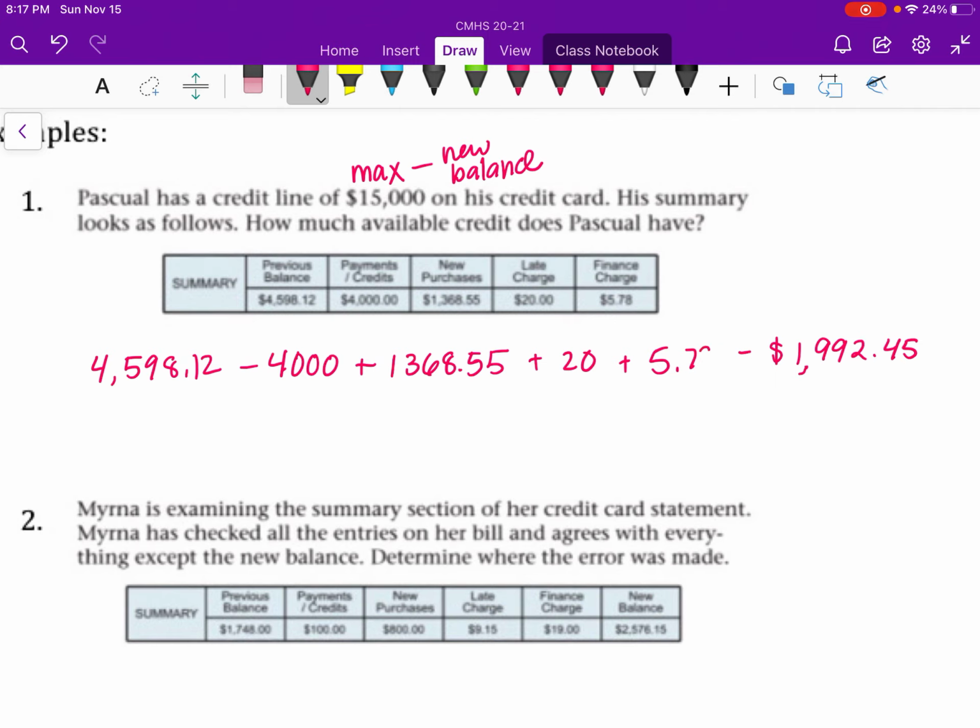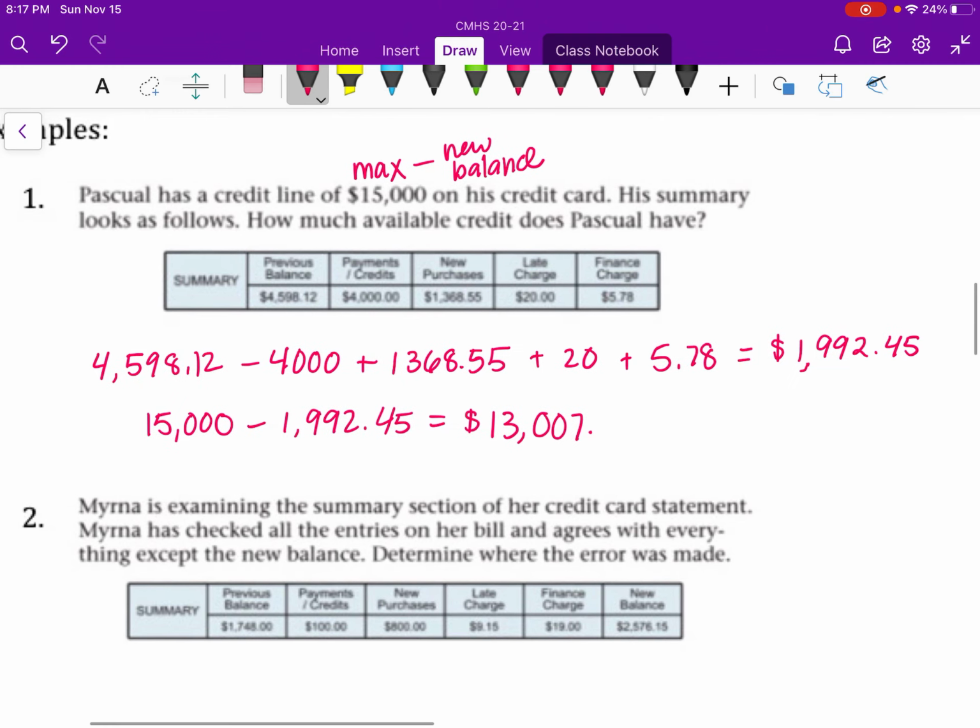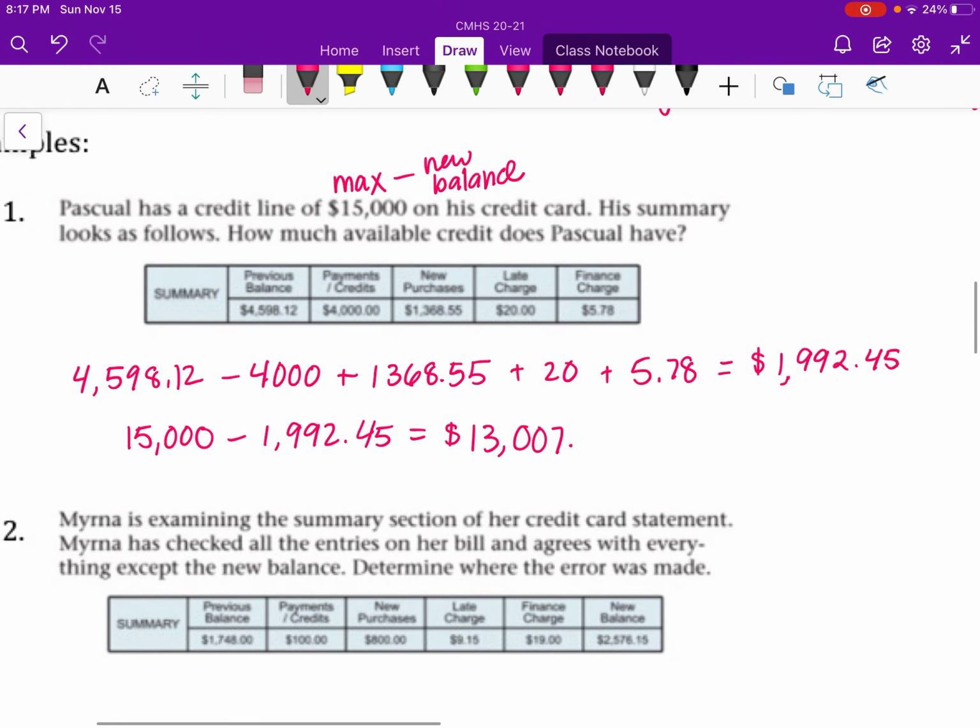So what we're going to have to do to find the available credit is subtract $15,000 minus that answer. And that will tell us how much we have left. $15,000 minus $1,992.45. And that is $13,007.55.